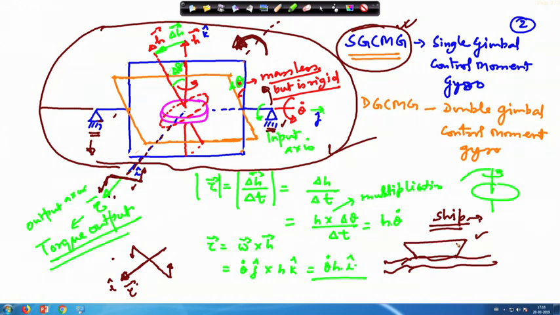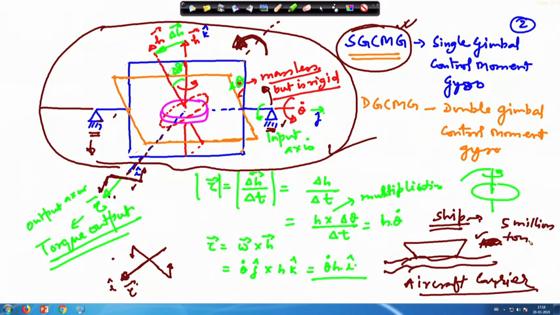And such a big ship, like the aircraft carrier, these are very heavy, something like 5 million tons. Uh, 5 million or 5 lakh, let me call it 5 million tons. So, this is quite heavy.